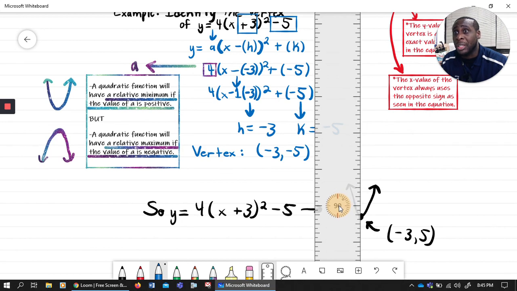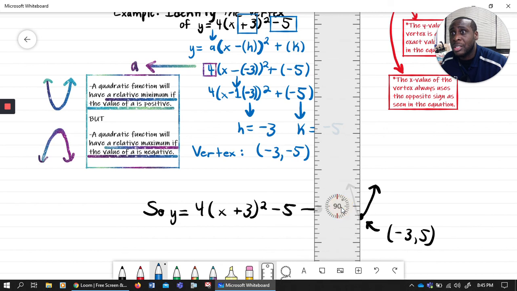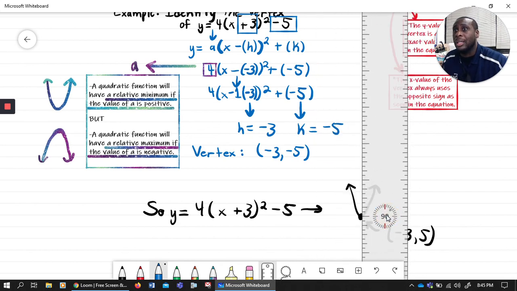But again, that's what we can get so far out of just knowing how to identify these particular parts from the vertex form. The axis of symmetry is going to be this vertical line, right here.